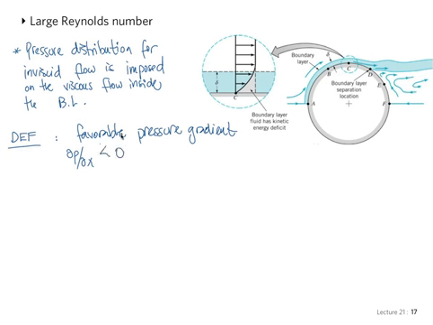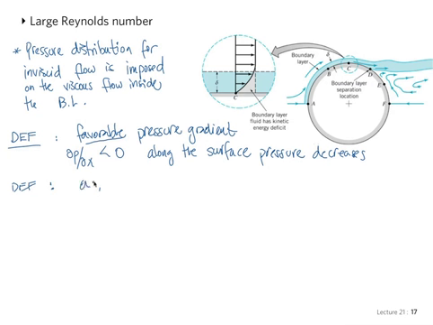If dp/dx were less than 0 along a surface, then pressure decreases in the direction of flow, and that's a favorable pressure gradient. So along a surface, let's be clear, pressure decreases, and that's called a favorable pressure gradient. And we talk about an adverse pressure gradient.